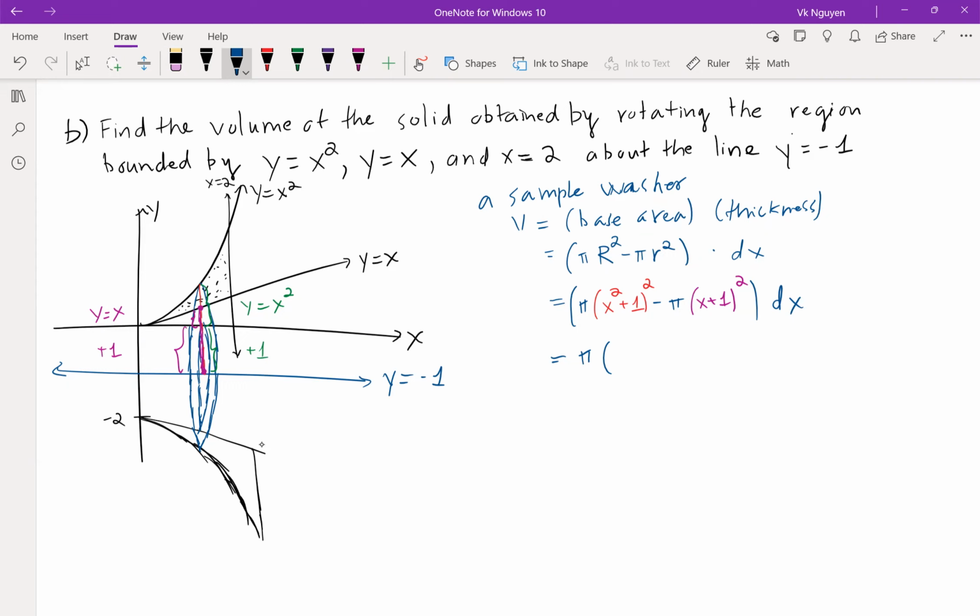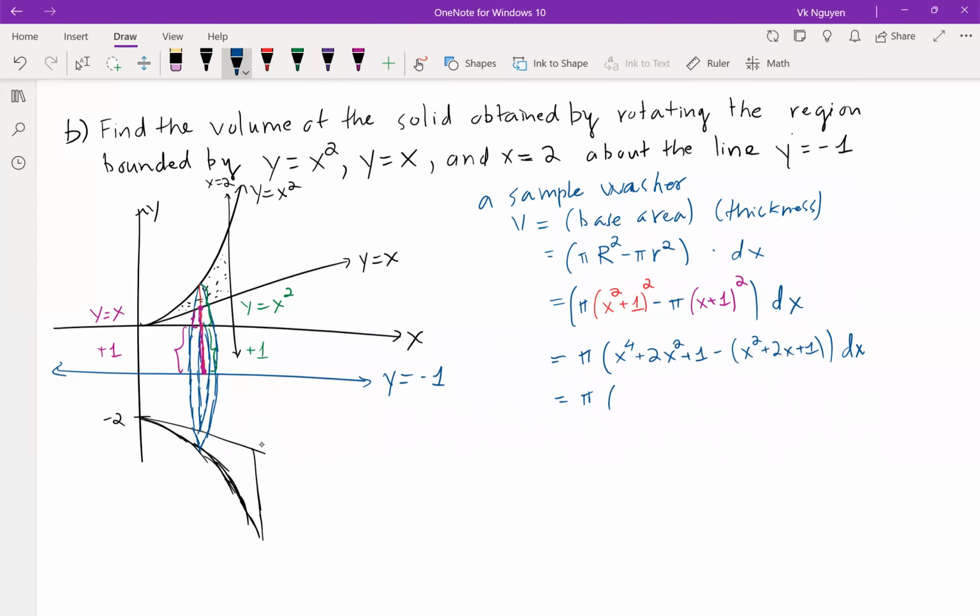X squared plus 1, squared, minus x plus 1, squared, so x to the 4 plus 2x squared plus 1 minus x squared plus 2x plus 1, dx.